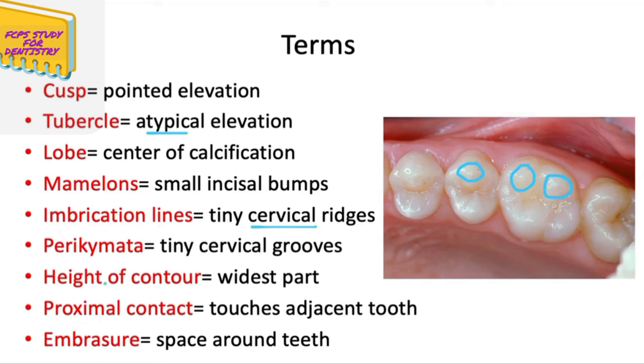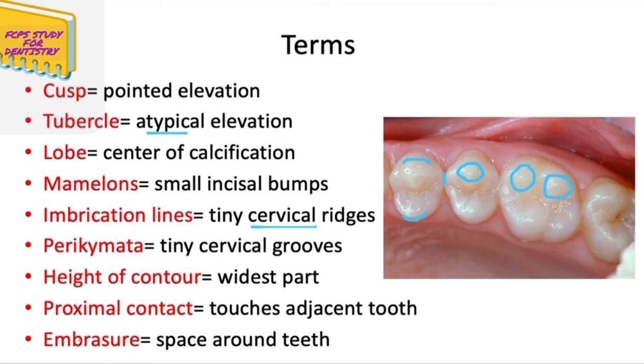The height of contour is the widest part of a tooth, essentially the part of a certain tooth surface that sticks out the most on the facial aspect or the lingual aspect, etc. And I'll show you examples of that as well in future videos. The proximal contact is the area of a tooth in contact with an adjacent tooth in the same arch.